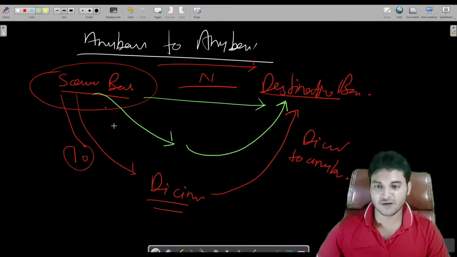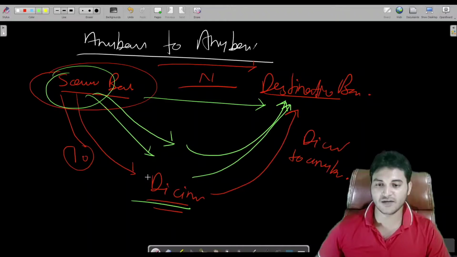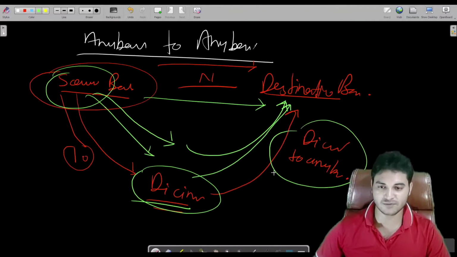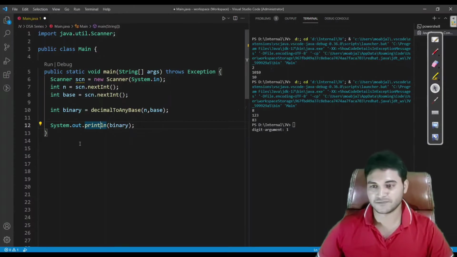But the thing is, you have to see here, we would convert this number from source base to decimal first, and then decimal to destination base. This is very simple, you already know, like I have already covered these two programs, converting any base to decimal and decimal to any base. So we will use the same methods only.